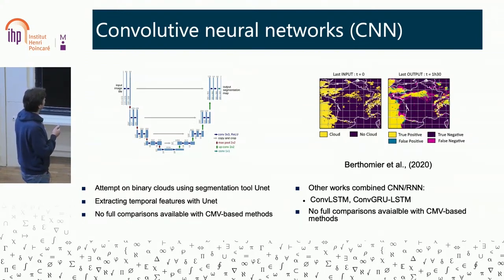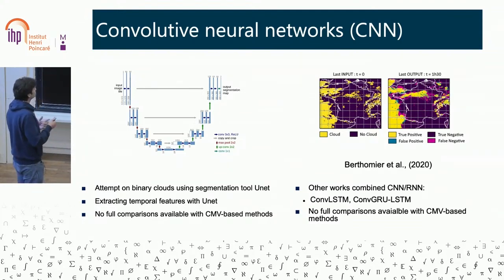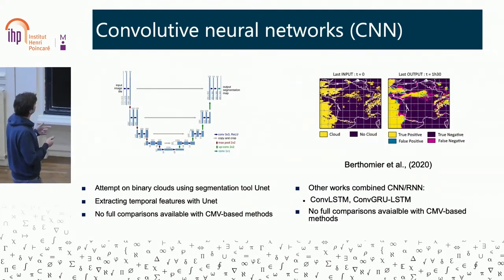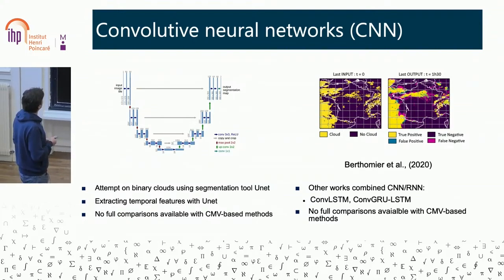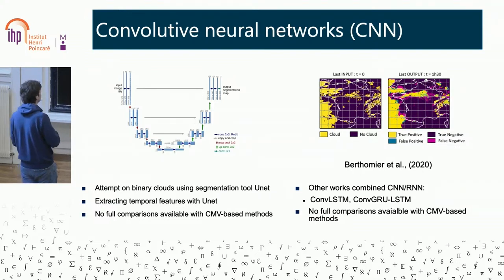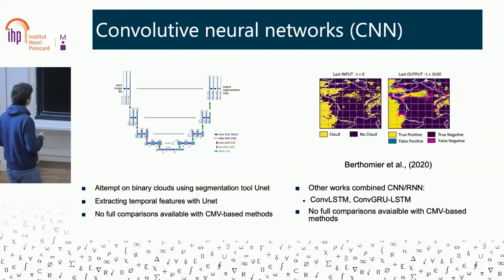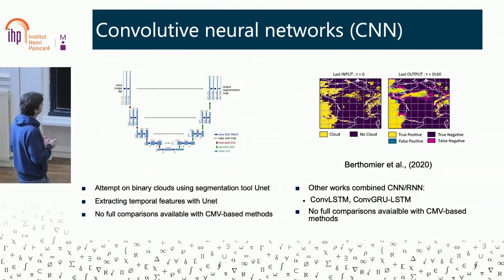UNet has been made for spatial segmentation, but it has been used to get a forecast. It has been used with a temporal aspect. So there are some results with a binary cloud forecast. Unfortunately, this result has not been compared with the previous method, so there is no full comparison available.